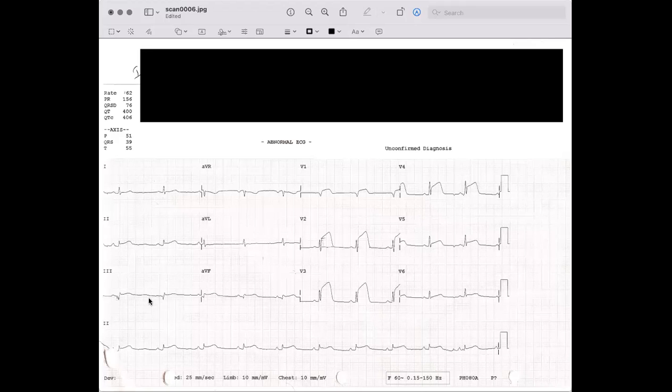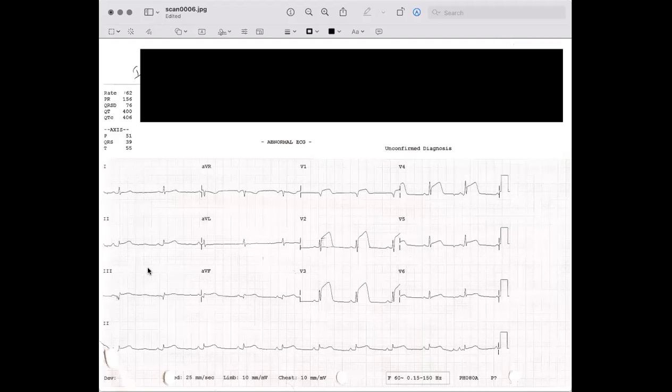Then the PR interval is more than 3 small boxes, and it is not more than 1 large box. If it's not more than 1 large box, then it's good. So you have a sinus rhythm.